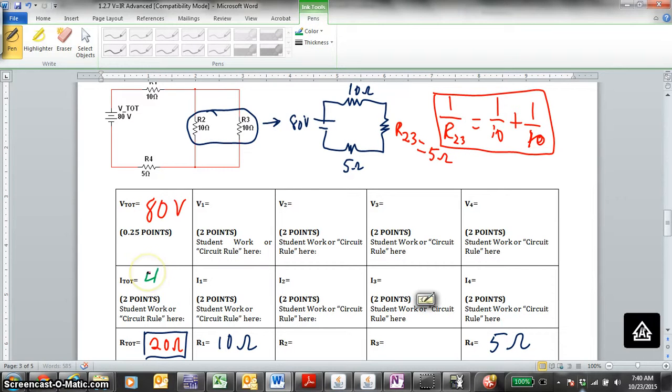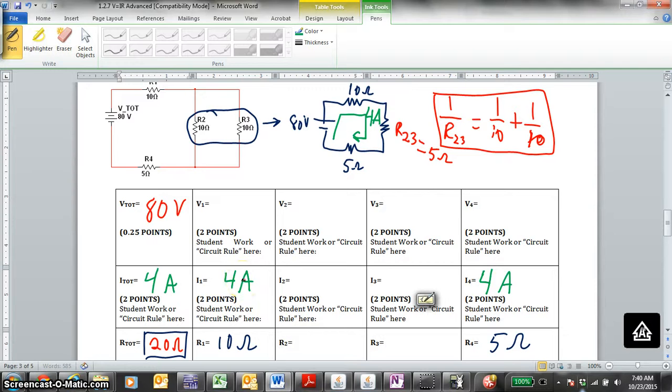There are 4 amps in this circuit here. So if you look at this one circuit here, there are 4 amps going through this 10 ohm resistor. And there are 4 amps going through this 5 ohm resistor, which is R4.